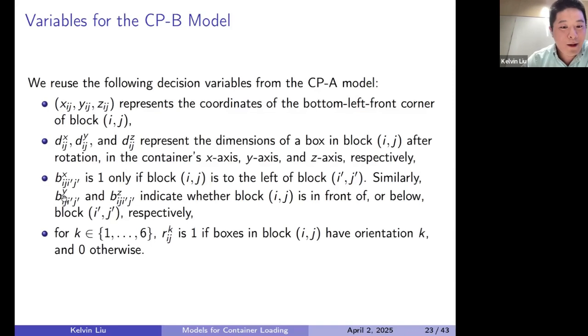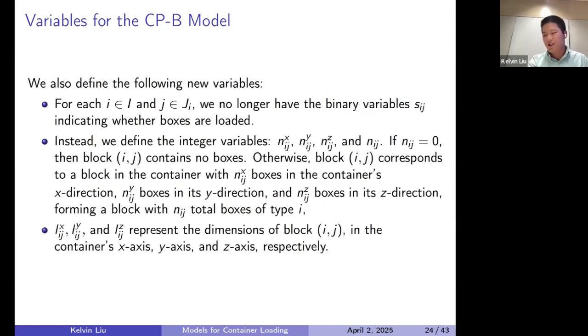Then these are the separation variables, which govern whether one block is separated from a different block in each of the three different axes. And these are the orientation variables, which check which orientation the boxes in block Ij have. So they pretty much have the same meanings as before.